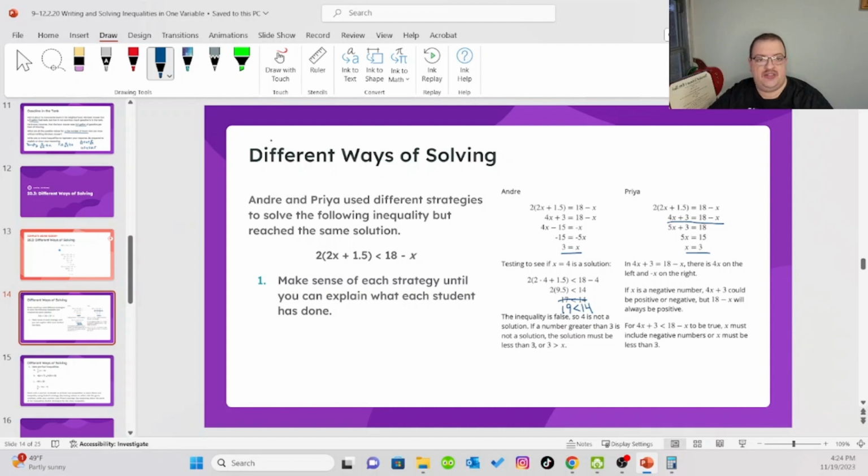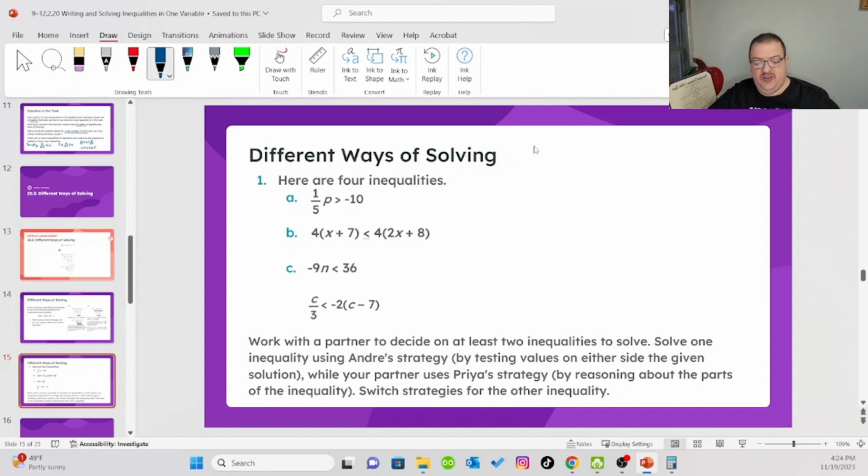And if you're adding something to 18, you'll always have a positive number. Therefore, she knows that negative numbers will always make the right side greater than the left side, which is what we're looking for. So she knows that once she puts her point at 3 on the number line, she's going to draw the line to the left because that's the side that has negative numbers on it. Both methods are correct. It just depends on which method makes more sense to you.